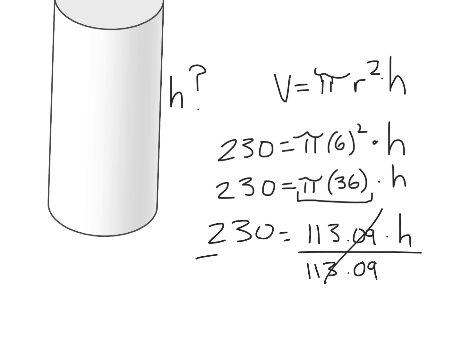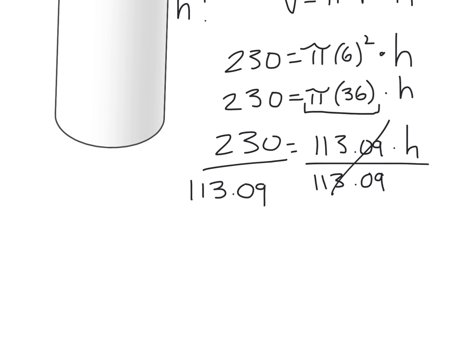That'll cancel out. If I do it to one side, I have to do it to the other, so 113.09. And when I do 230 divided by 113.09, I get an answer of h is equal to 2.03, or approximately 2.03. That's rounded to the nearest hundredth.